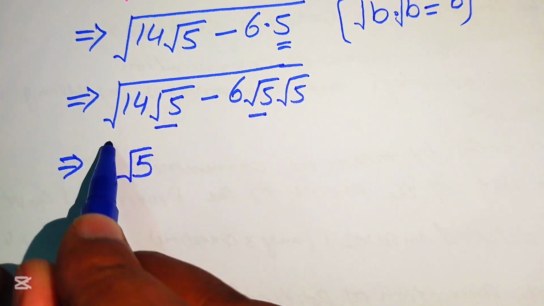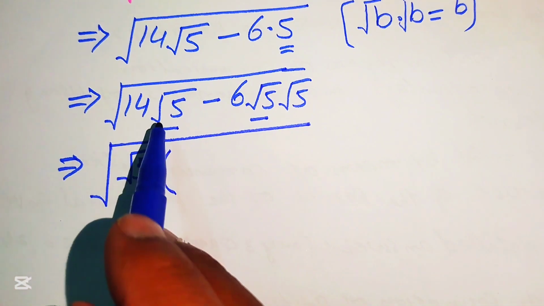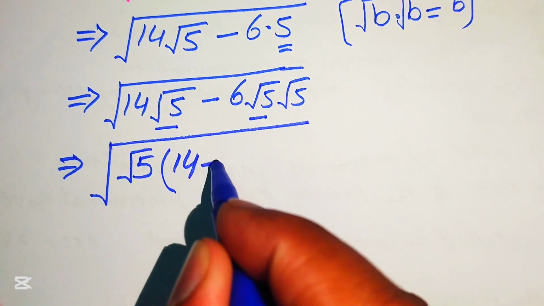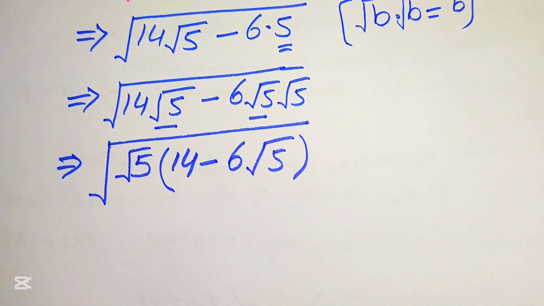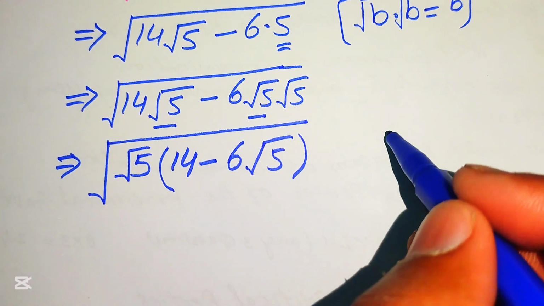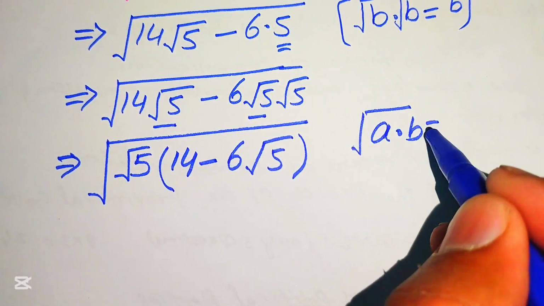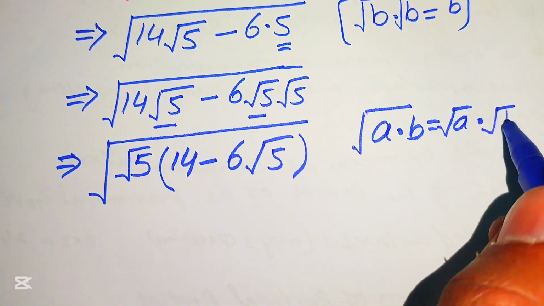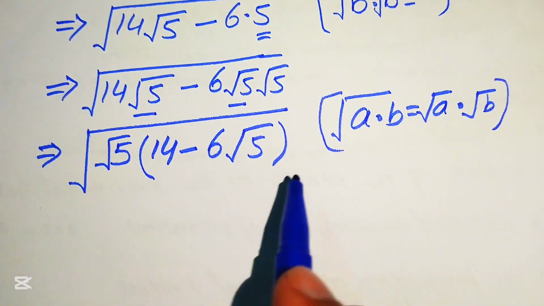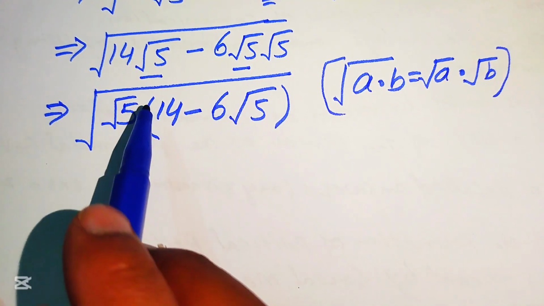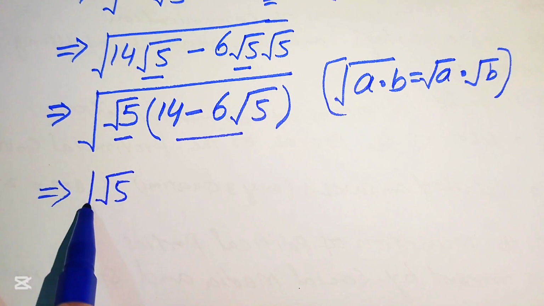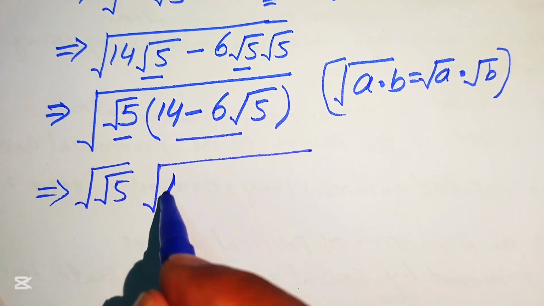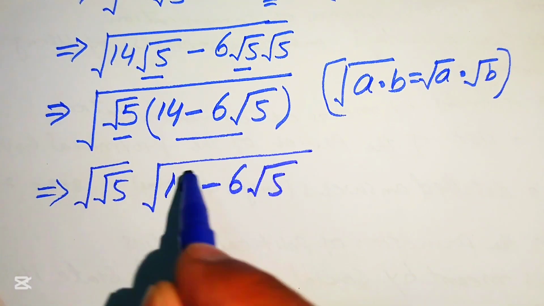We take the square root of 5 common, and the remaining terms are 14 minus 6 times the square root of 5. Now we apply the radical law: the square root of a times b equals the square root of a times the square root of b. According to this law we break the radical sign on this term, and it is written as the square root of the square root of 5 times the square root of 5, and the whole square root of 14 minus 6 times the square root of 5.